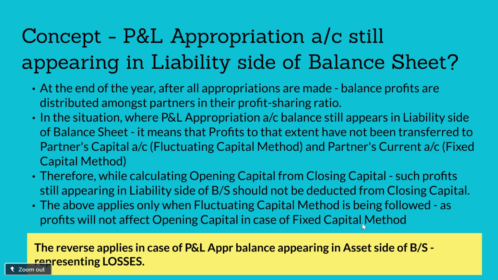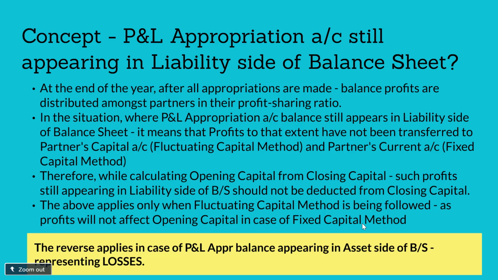In a situation where the profit and loss appropriation account balance still appears in the liability side of the balance sheet, it means that profits to that extent have not been transferred to the partner's capital account in the case of the fluctuating capital method and partner's current account in the case of the fixed capital method.